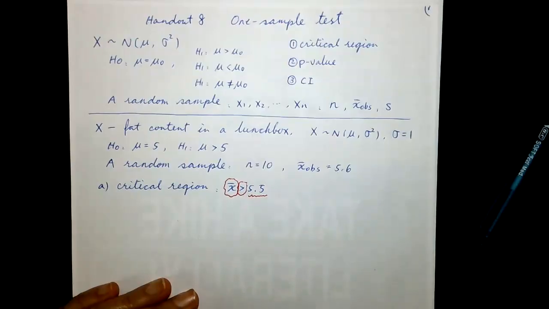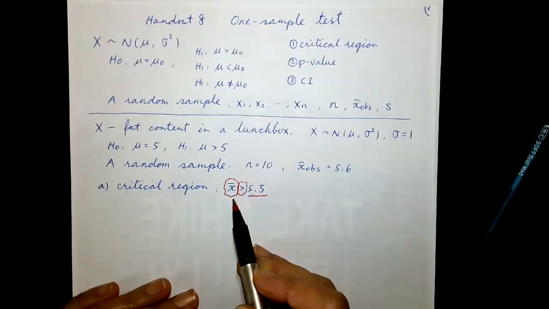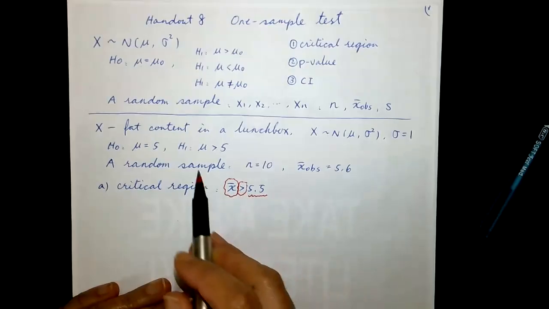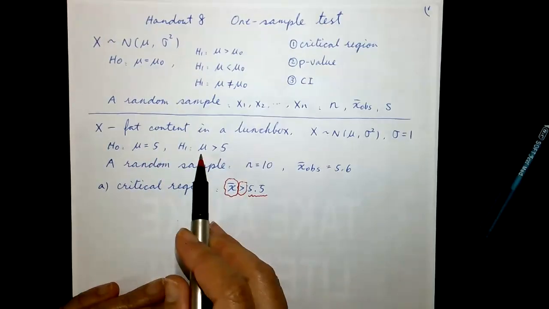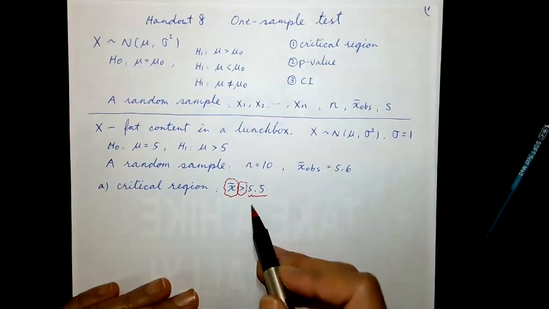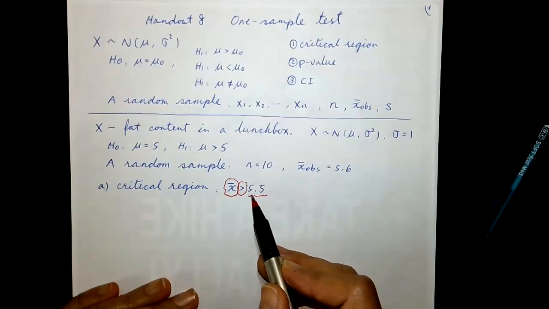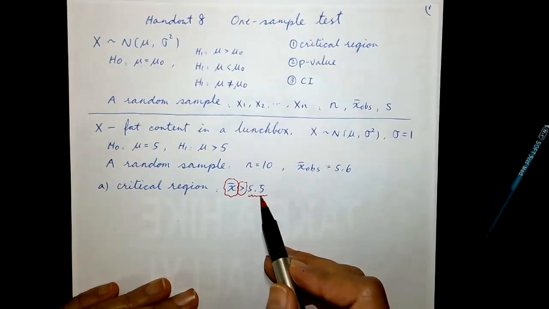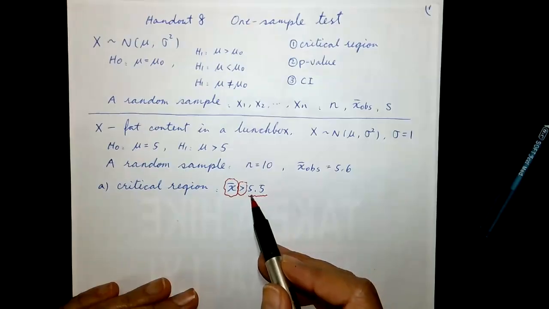You can't be so uptight. So if your sample mean is greater than 5, then I support this, I reject that. No, you have to give a safety margin. So that explains why it cannot be 5. So it has to be greater than 5. Then why can't it be less than 5? Suppose that this is 4.5.